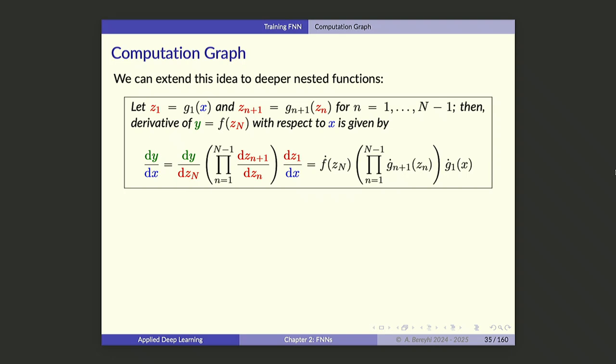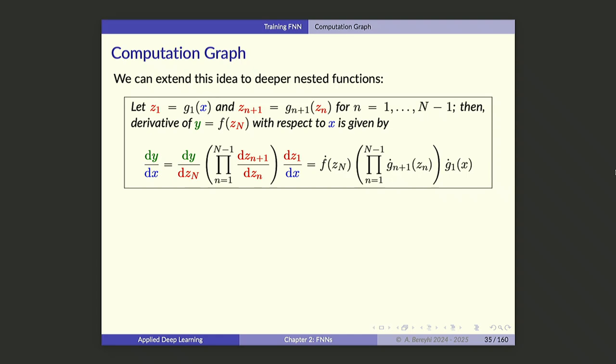And I can again open this up, right? It's going to be dzn minus 1 to dzn minus 2 times dzn minus 2 to dx. And I keep on going till I get to dz1, which is the immediate function of x, correct? So this is exactly what you have here. So dy to dzn, and then dzn to dzn minus 1, and so on till you get to z1.